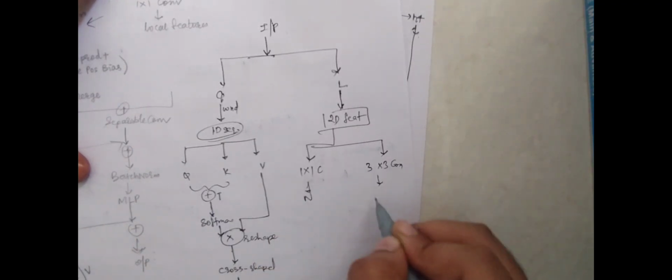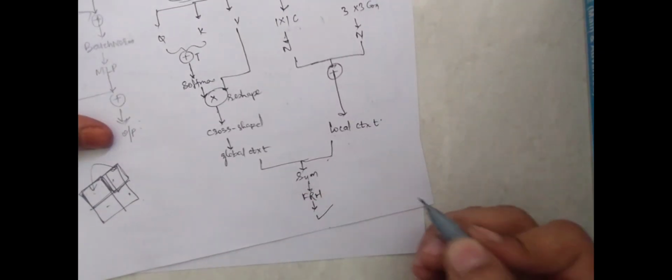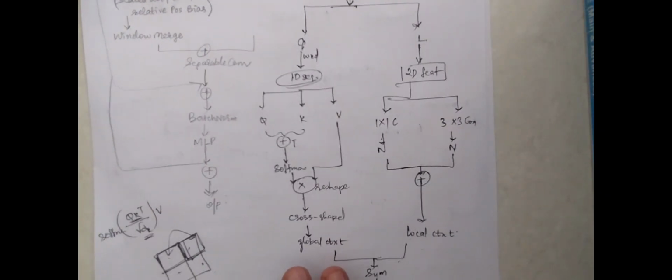We apply normalization and then concatenate. This is all according to the code and also the research paper. And the output we get is the local context. We sum both of these, combine them, and apply FRH, the feature refinement head. Hence we get a nice output, with not only the global but also the local context, which focuses on the local details.